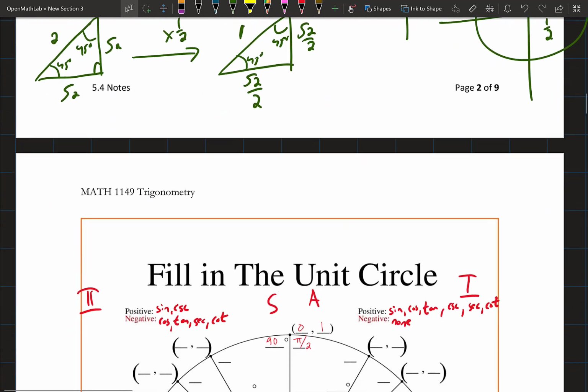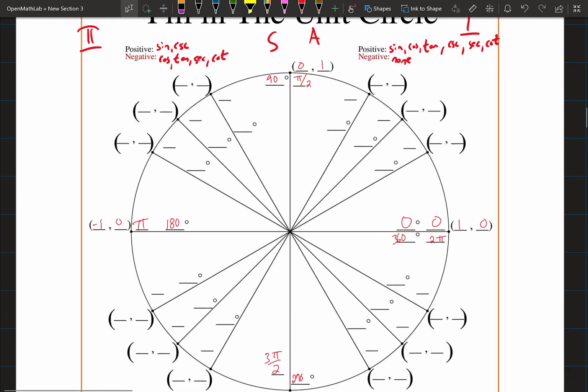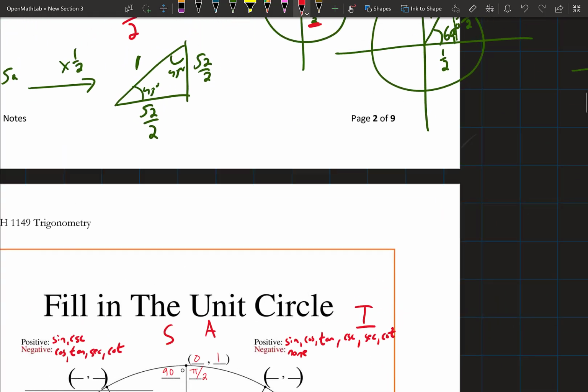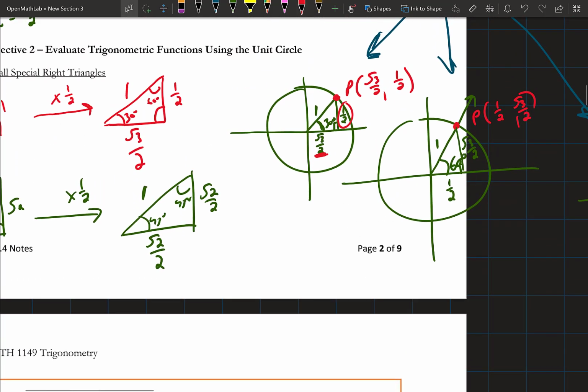Essentially what we're doing, if this is 30 degrees, and 30 degrees, if you remember, corresponds with pi over 6 radians, using this here, this is what we would have.